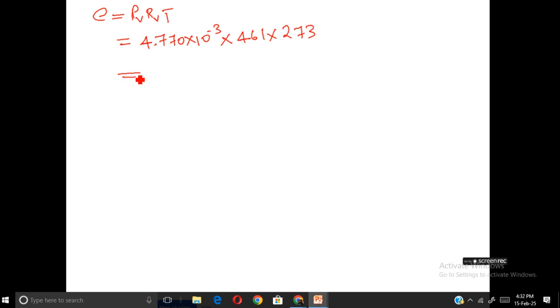What will be the value of vapor pressure in this case? 4.77 into 10 raised to minus 3 into 461.5 into 273. How much will it be?